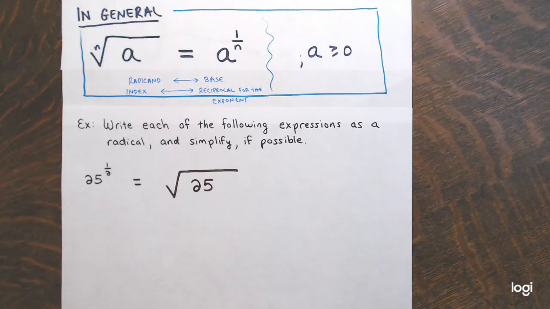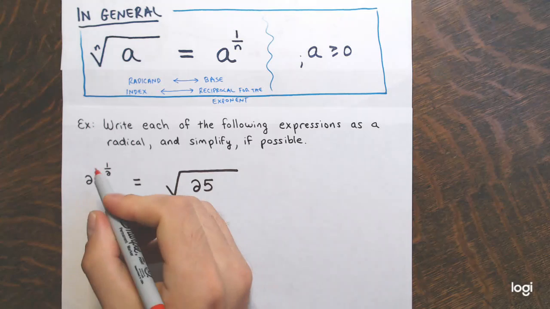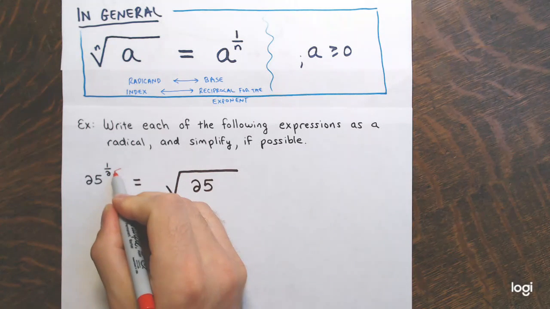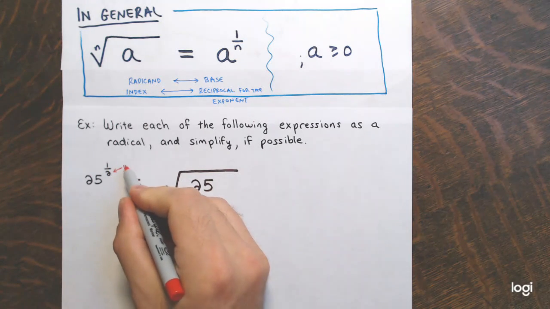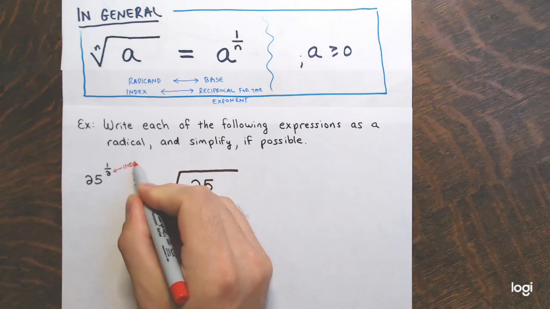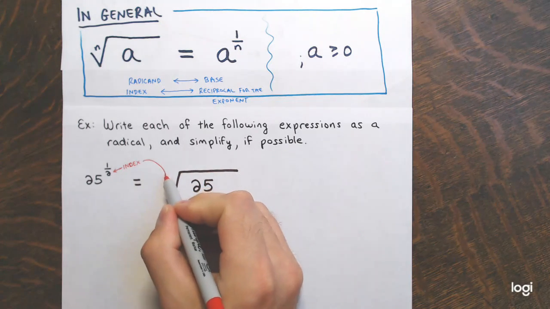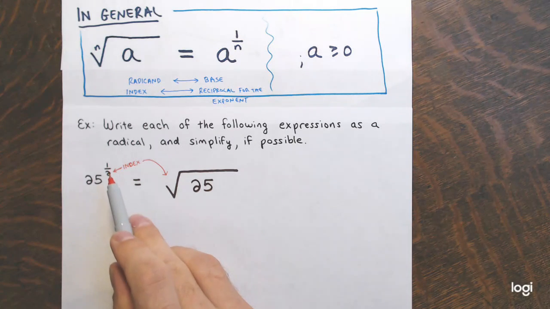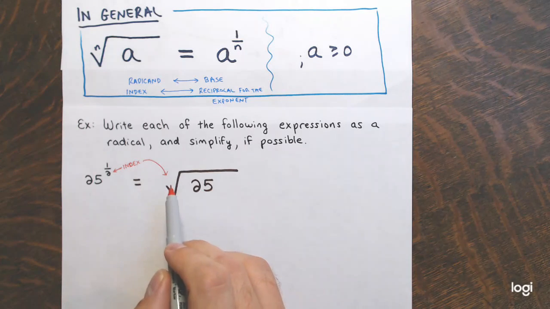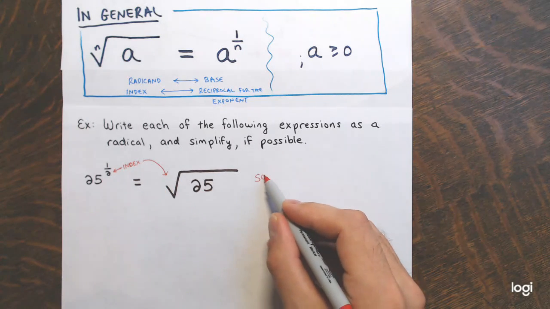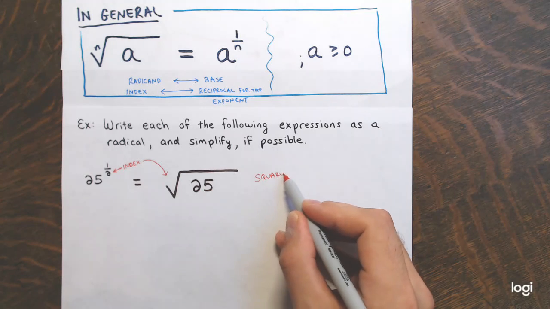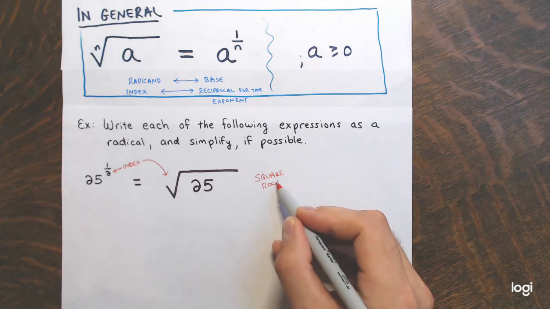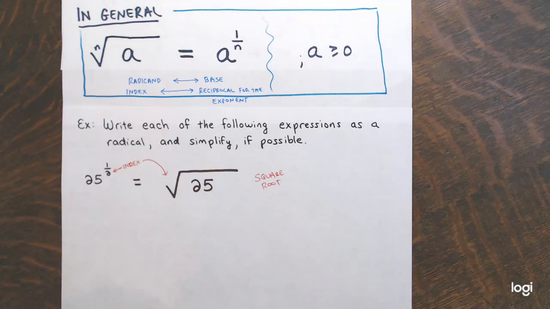And then the index is just the denominator, right? The index of the radical is the denominator of this 1 over n power, right? So 1 over 2 means I'm taking a square root, right? This is going to be a square root over here. That's what it means to raise to the 1/2 power. This means the same thing as taking the square root.